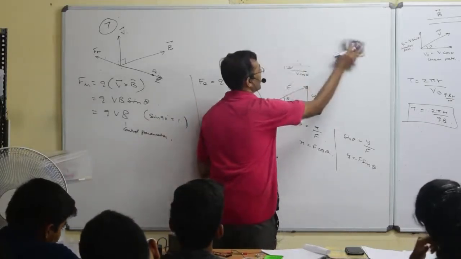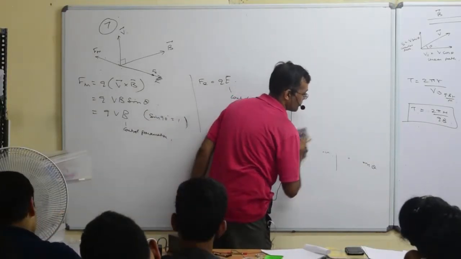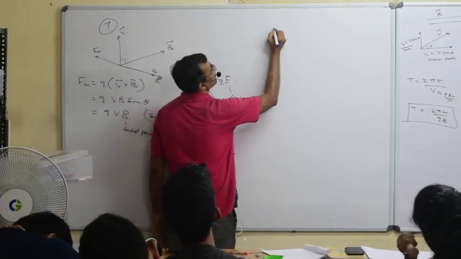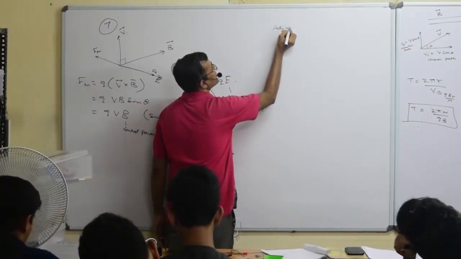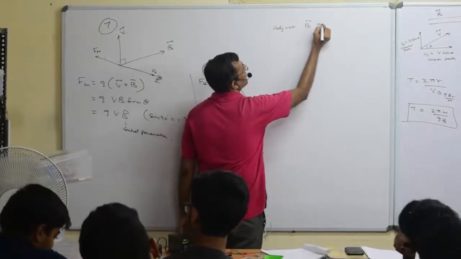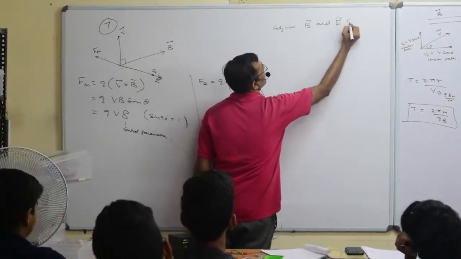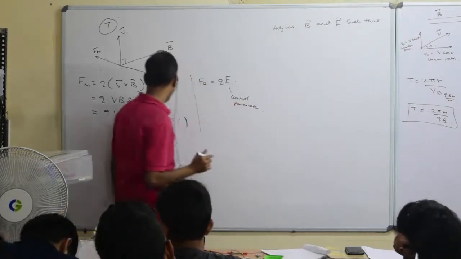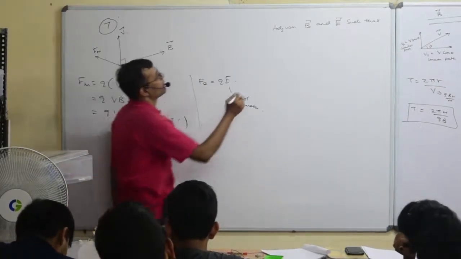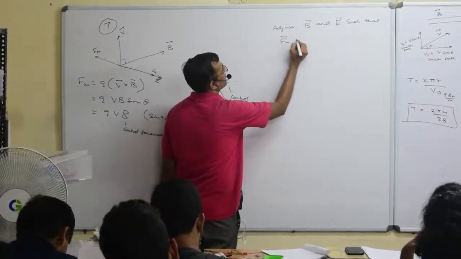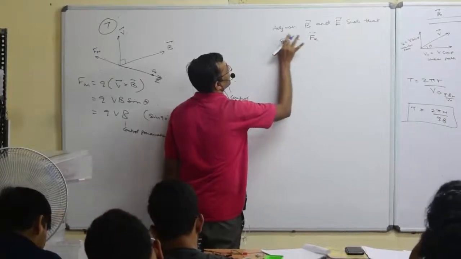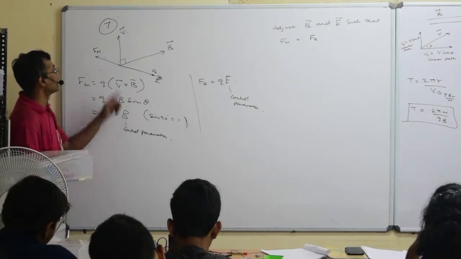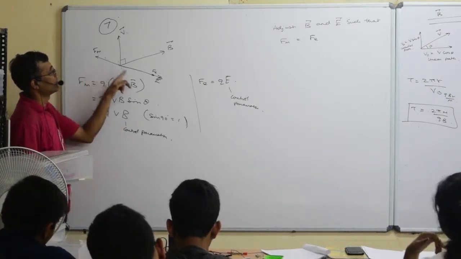So imagine a situation that I'm adjusting the B and E values such that Fm is equal to Fe. So let's look into the magnitude, because it's already equal and opposite if I say it is equal.